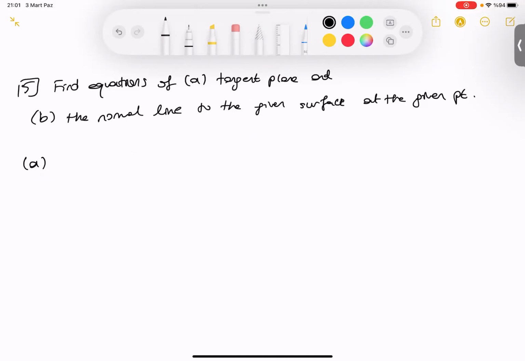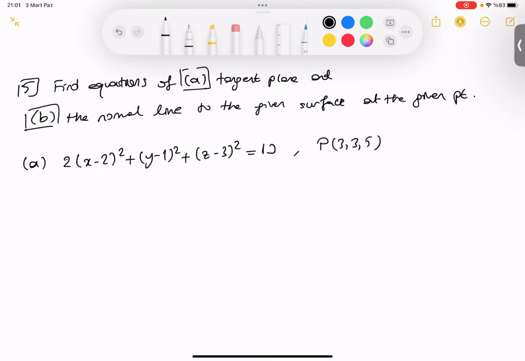Okay, we have 2 questions. They're also called A and B. Okay, and in the first part, we're given this surface, and the given point, let's say P, is this. So we will find the tangent plane.